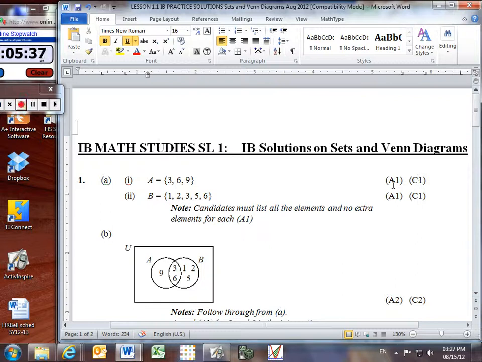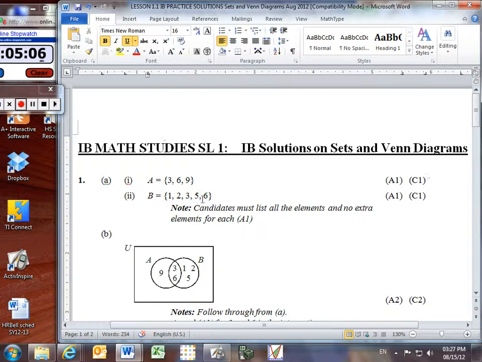A stands for answer, or accuracy. And so you get 1 answer mark for having 3, 6, and 9 as your answer to the list of elements in set A. The C is a mark that's given if you gave your answer and did not show any work. And so in this situation, if you did not show any work, you could still get the full marks because part A was only worth 1 mark.